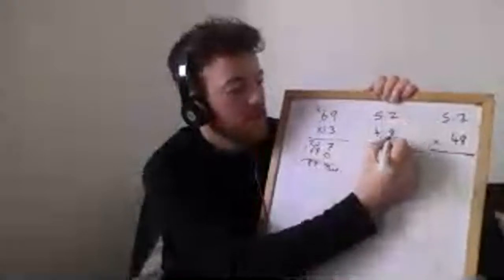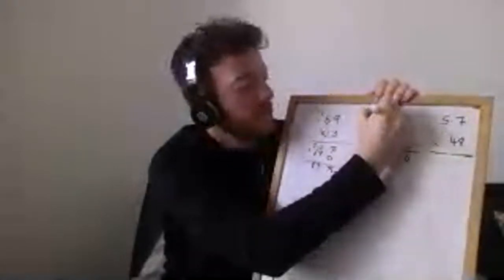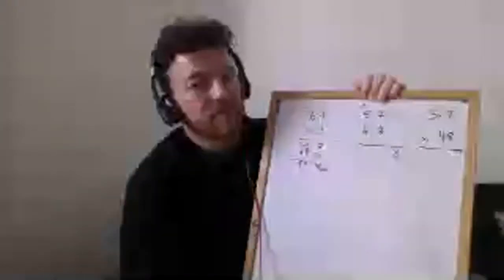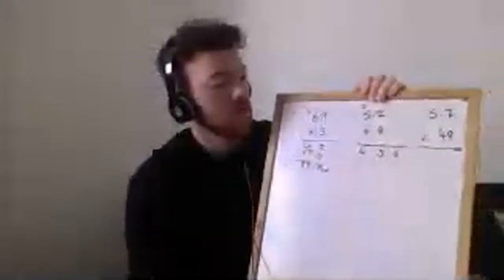So usually we would put the 6 down below, but this time, because we're multiplying by a tenth, the 6 goes back and the 5 carries over. 8 times 5 is 40, plus 5 makes 45. So 5 goes in, there's my decimal, 4. 4.56, okay? And you should see that 4.56 is less than 5.17, because remember, you're multiplying by less than 1, so you should end up with less than you started with.